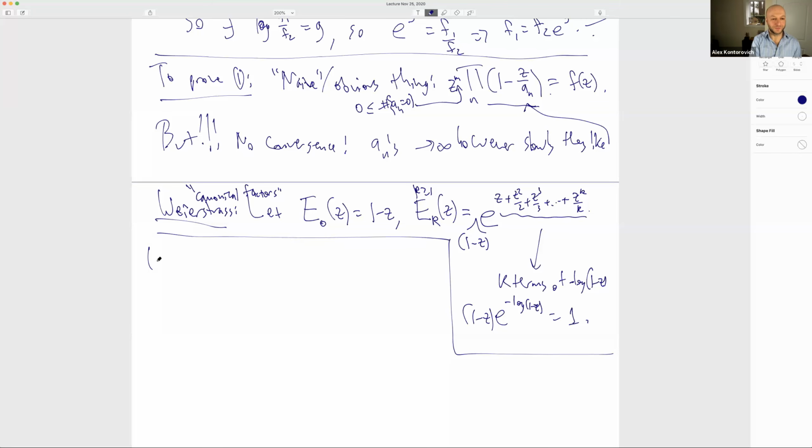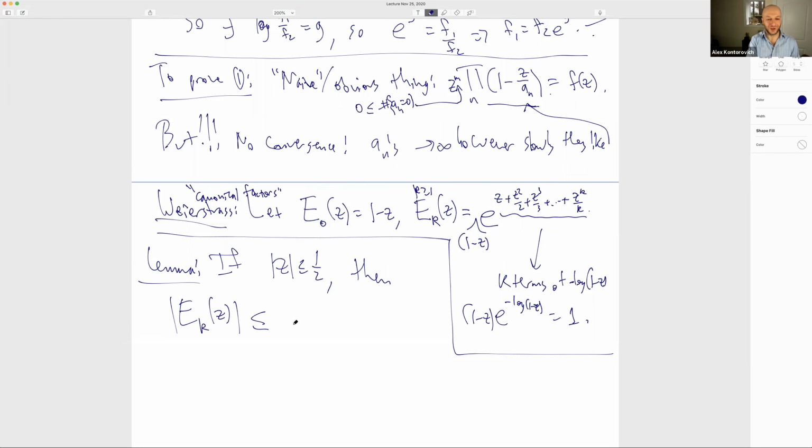So let me make that very rigorous. Let's prove a lemma. If z in absolute value is less than a half, then E_k of z is less than, I don't remember what it is. I do remember, but let's work it out and then we'll see if I'm right.